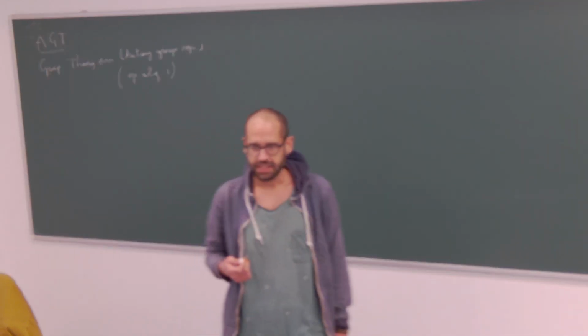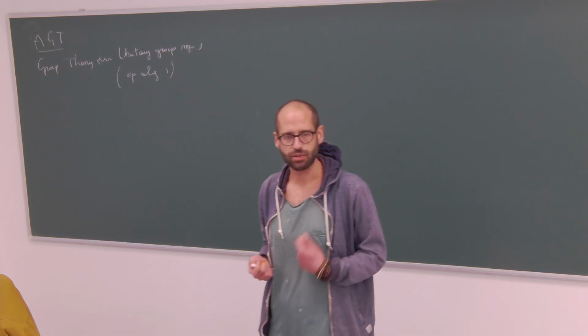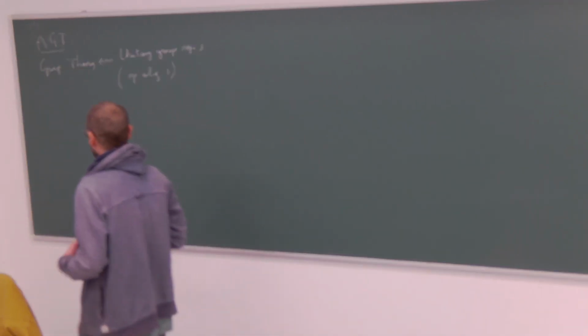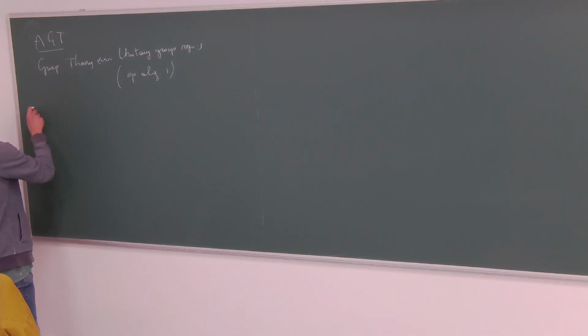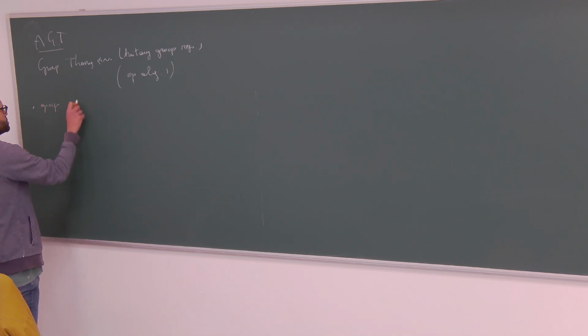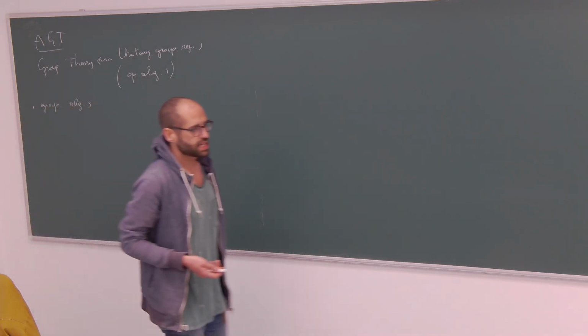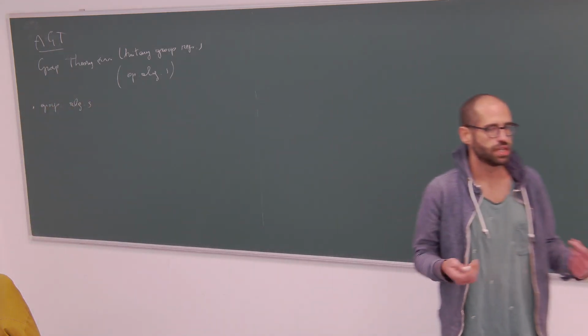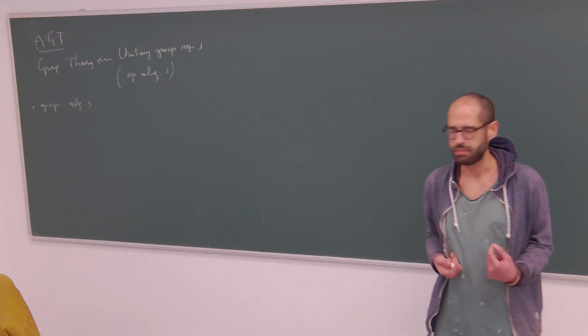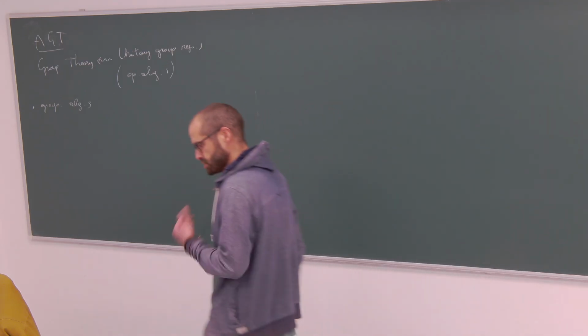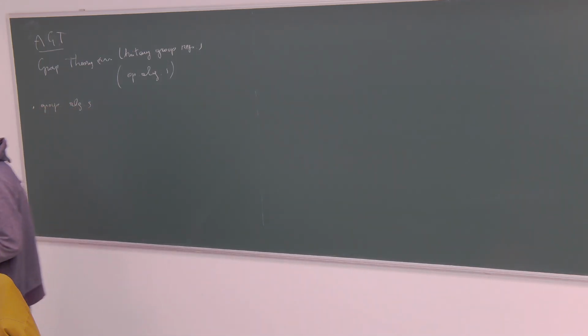First of all, I will remind how to construct operator algebras given a group. So let me briefly recall what the group algebras are. In some sense, we want to construct some operator algebras, so algebras of operators on a Hilbert space, that should detect properties of the group.